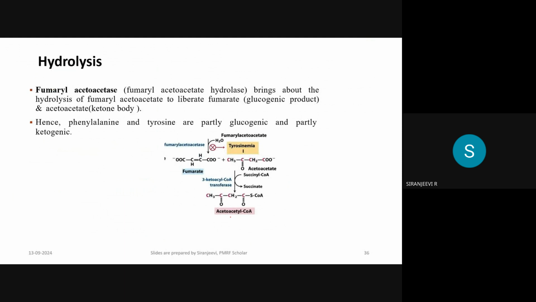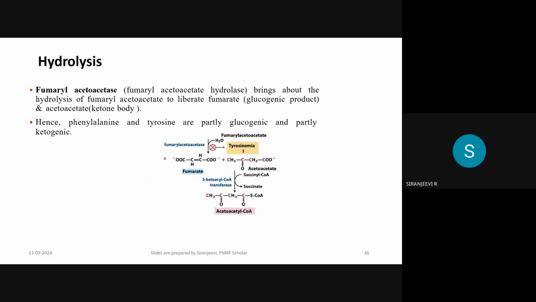Finally, hydrolysis takes place: fumarylacetoacetate, in the presence of H2O, will be converted to fumarate and acetoacetate.